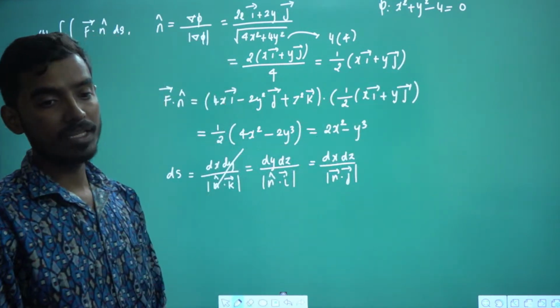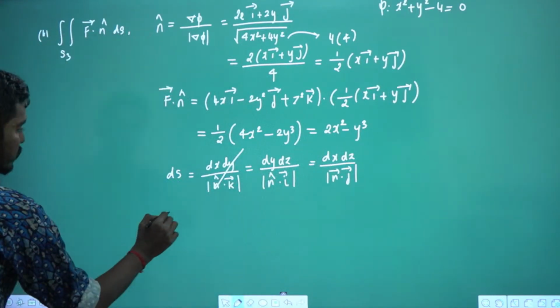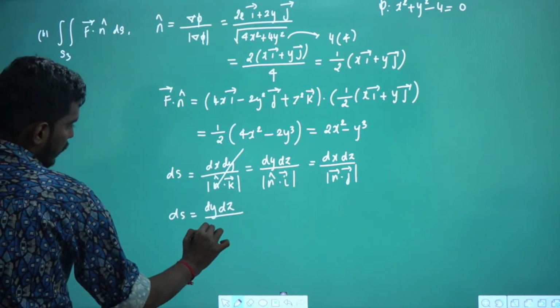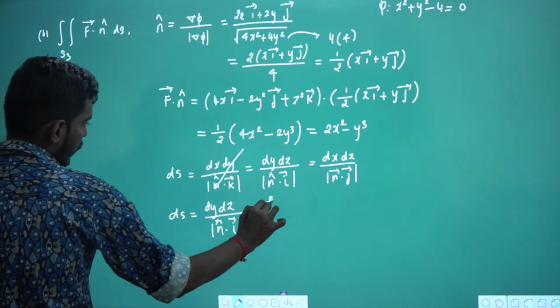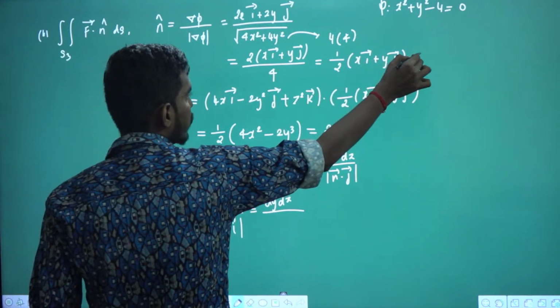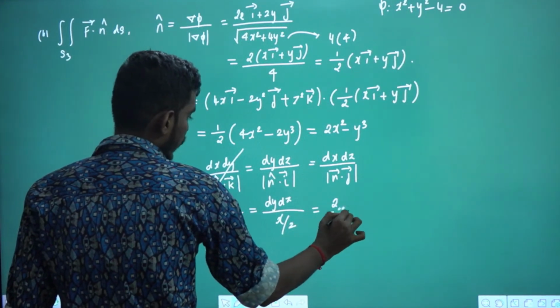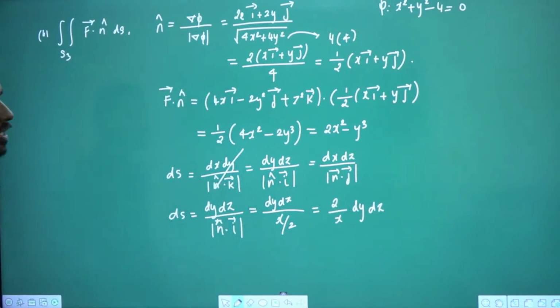If you make a dot product with k, it will be 0. So either you can choose this or this. Now I will choose ds to be dy dz divided by n cap dot i. If you make a dot product with i vector, that will be x by 2. So 2 by x dy dz is your ds. See, for the curved surface, this is how to find n cap and ds.